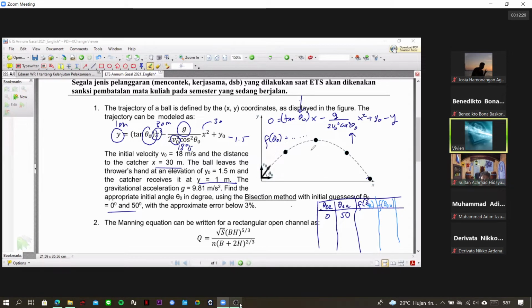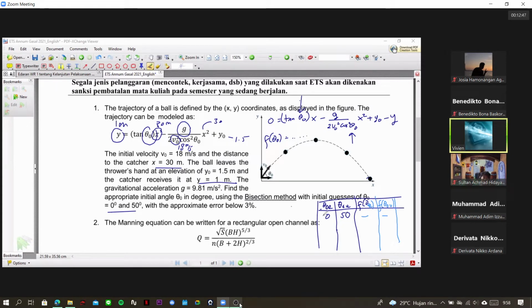It means that we need to insert the values of 0 and 50 here and see what the value is. If it's positive and negative, or negative and positive, meaning the multiplication is negative, it means that there is a root in between these limits.